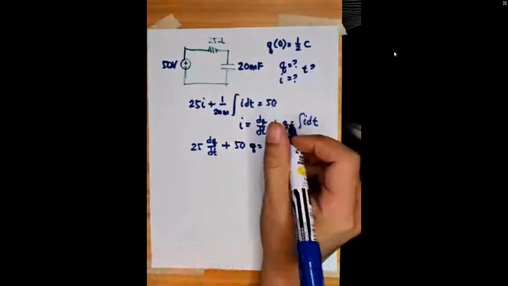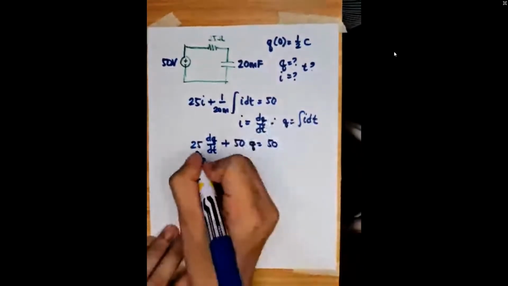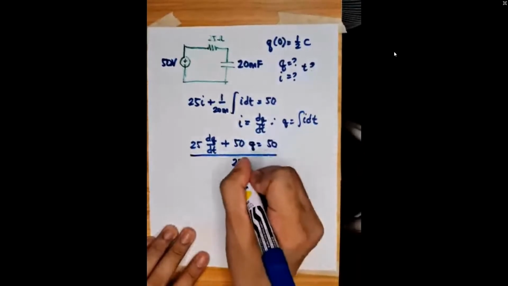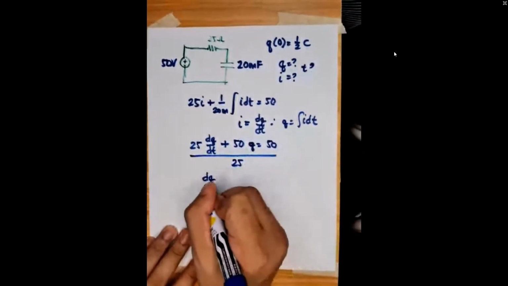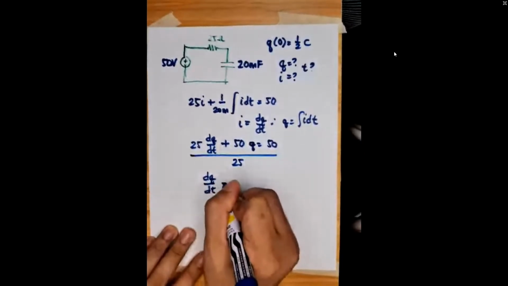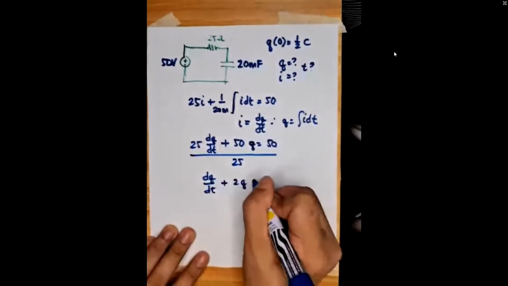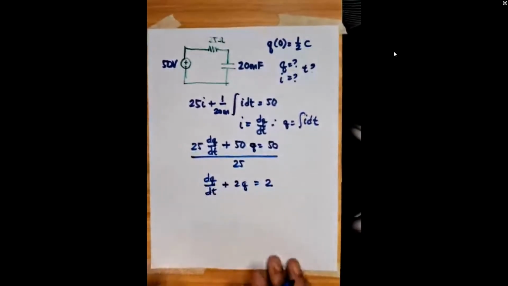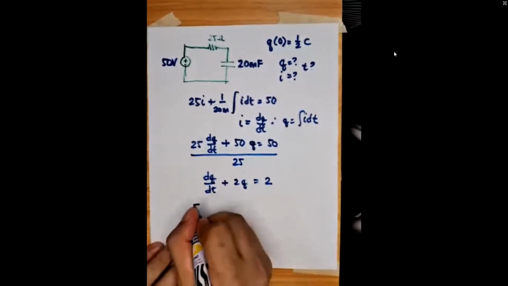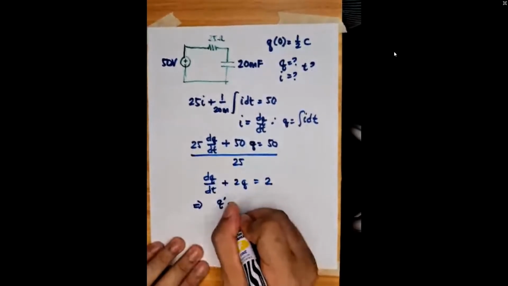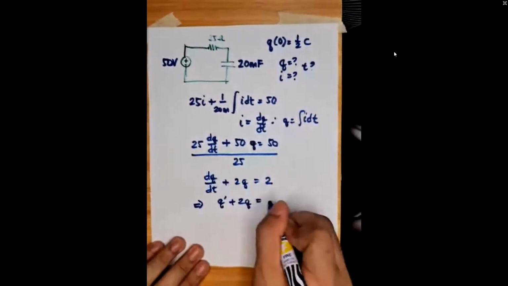So, pwede naman natin itong simplify muna. So, divide natin ng 25. So, dq over dt plus 2q is equal to 2. Ayan. So, we can rewrite this as q prime plus 2q is equal to 2.